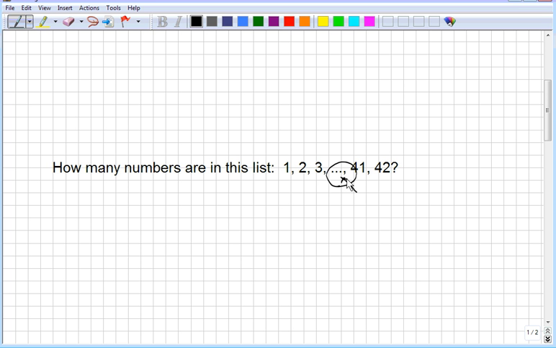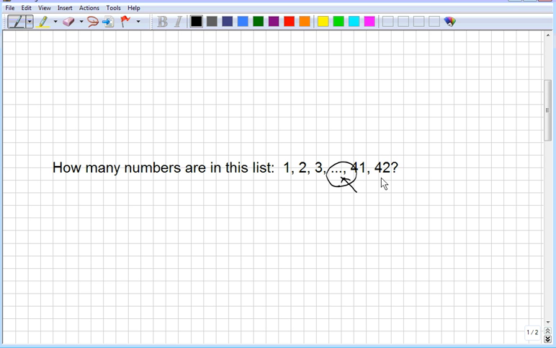Instead of listing out all of the numbers, they'll just list enough to give you an idea of the pattern, and then put ... which just means and so on. So you can imagine what the next number is going to be. It's going to be 4, and then there's going to be 5 and 6 and so on. So the 1, 2, 3 just gives you enough to establish the pattern. The ... just means the pattern continues, and you go on to 41, and the last number is 42.